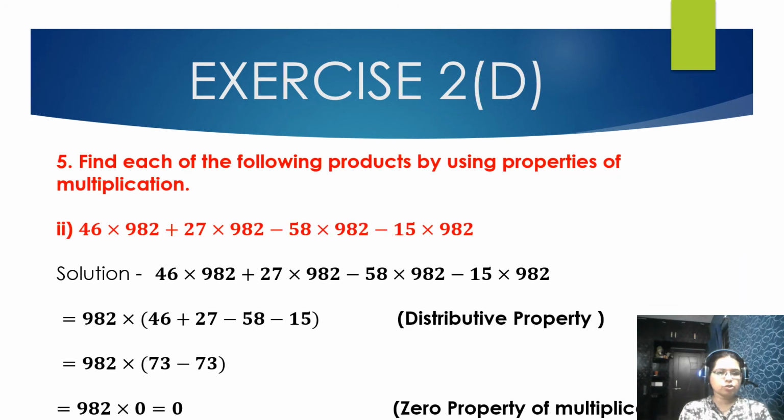Now we will solve the second bit using the properties of multiplication: 46 multiplied by 982 plus 27 multiplied by 982 minus 58 multiplied by 982 minus 15 multiplied by 982.